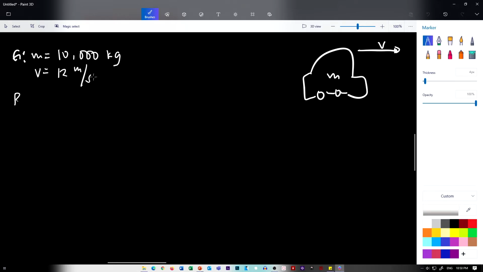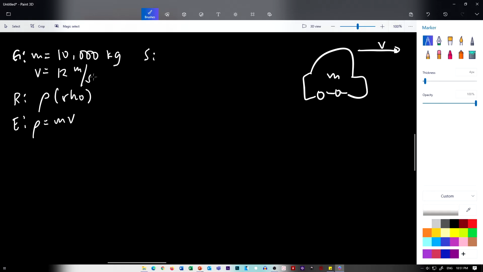For our first required, we are asked to look for the momentum. So for our equation, rho is equal to mv. This is rho, the Greek letter rho. I think I've shown it on the PowerPoint earlier, so you can just return to that time and pause it.